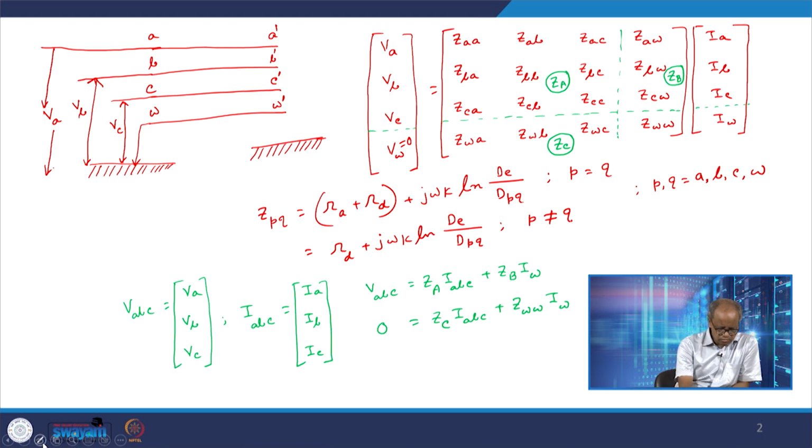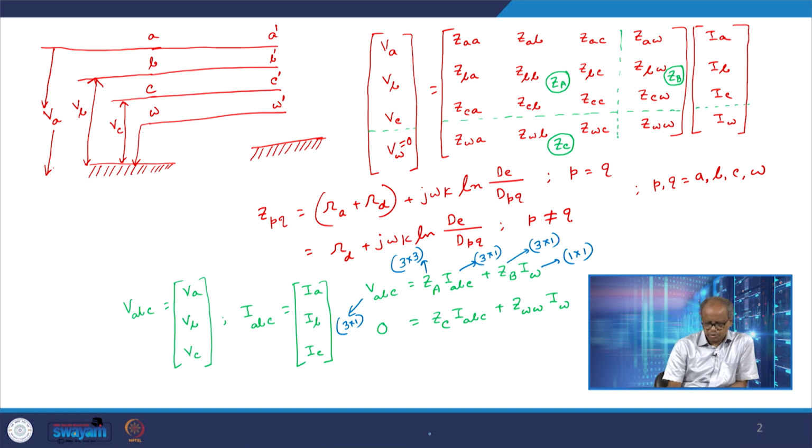Just for the sake of more clarity, this is a 3 cross 1 vector, this is a 3 cross 3 matrix, this is a 3 cross 1 vector, this is a 3 cross 1 vector, and this is a 1 cross 1 scalar. So the dimensions match.